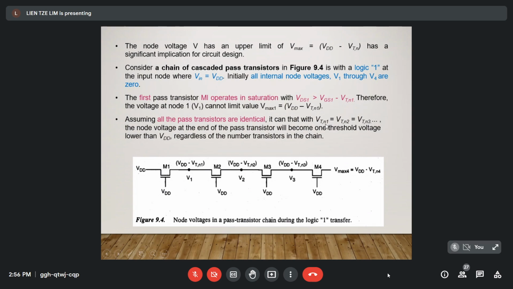So if the threshold voltages of all the NMOS are the same, the node voltages, V1, V2, and V3, will also be the same. The node voltage at the end of the pass transistor chain will be one threshold voltage lower than VDD, regardless of the number of transistors in the chain.